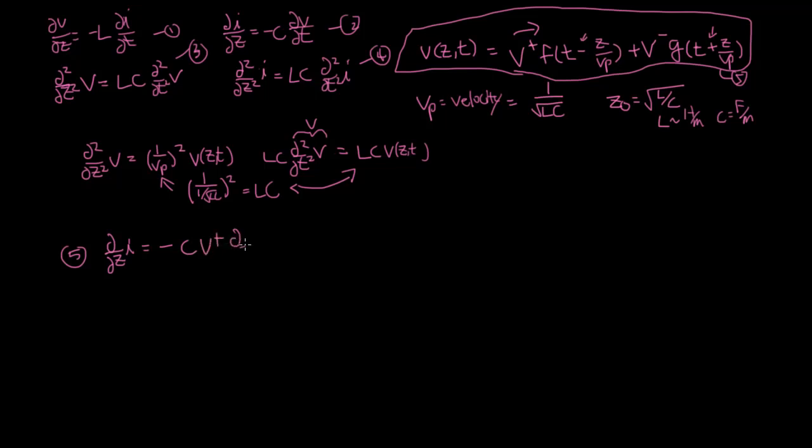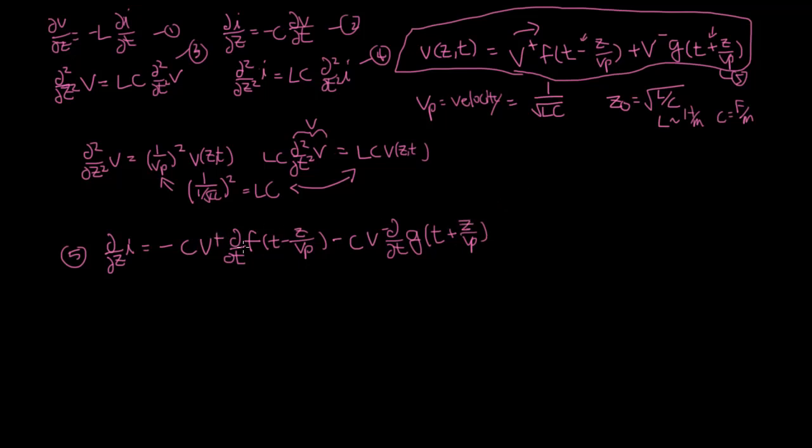V plus d by dt of f of t minus z over Vp, and then also minus the backward propagating component, d by dt g of t plus z over Vp.